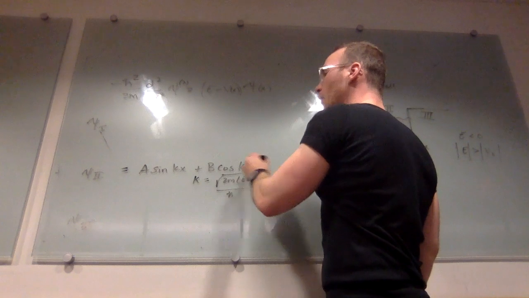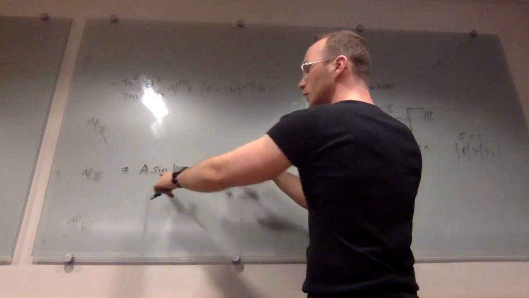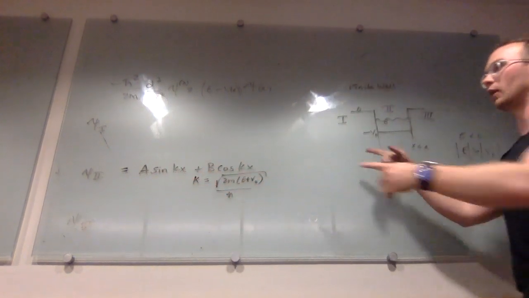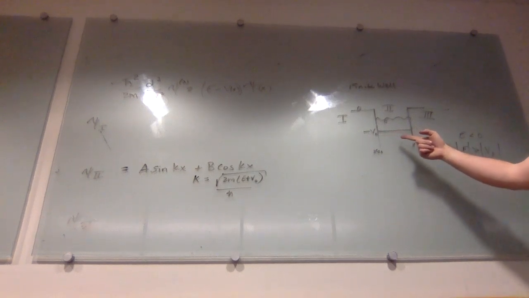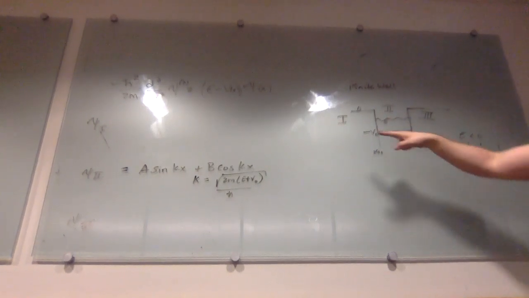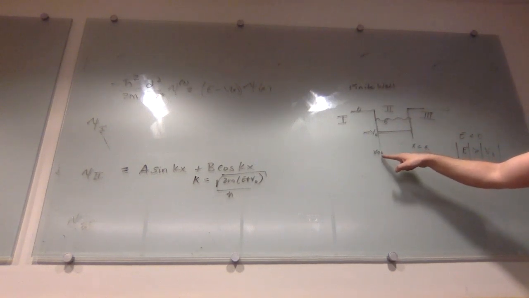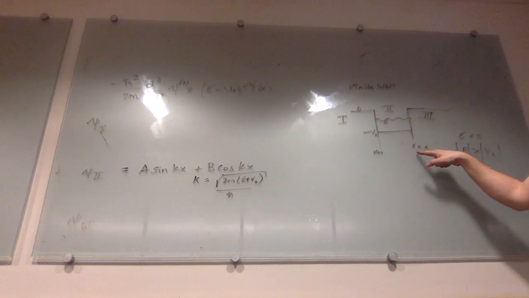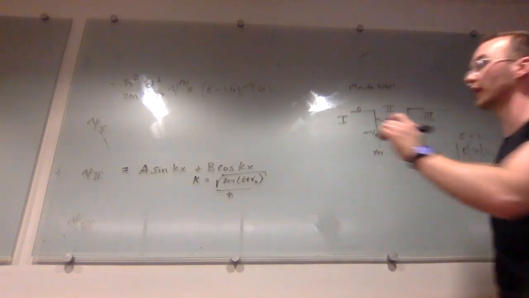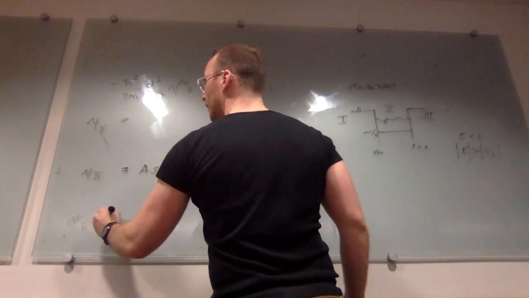So, okay, now we don't actually have any boundary conditions yet because we don't know what's going to happen at the end. Of course, we need to set psi 2 equal to psi 1 at 0 and equal to psi 3 at a, but we don't know those yet. So let's do psi 1 and psi 3.